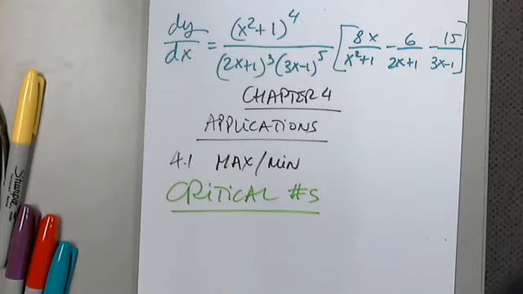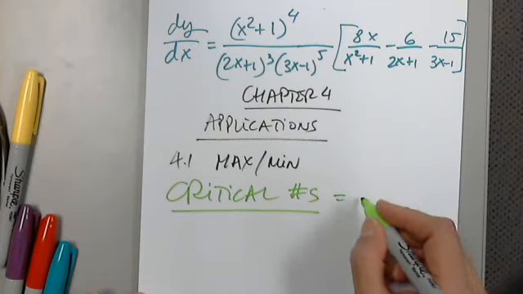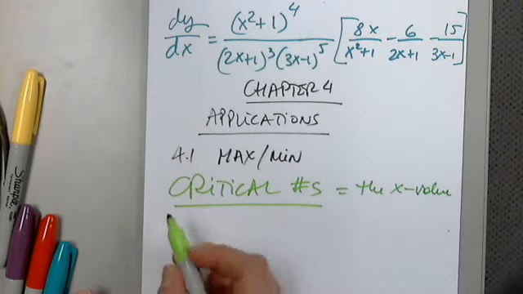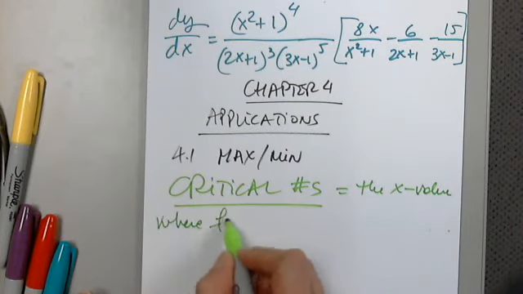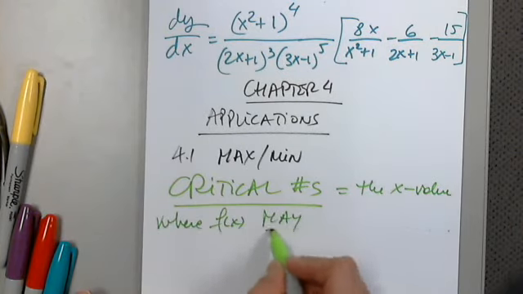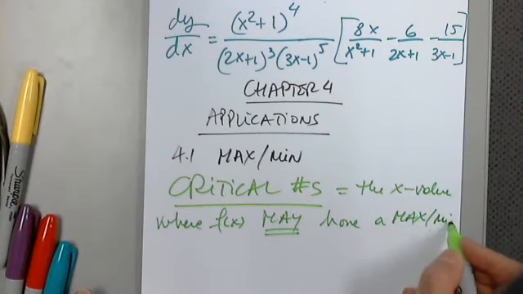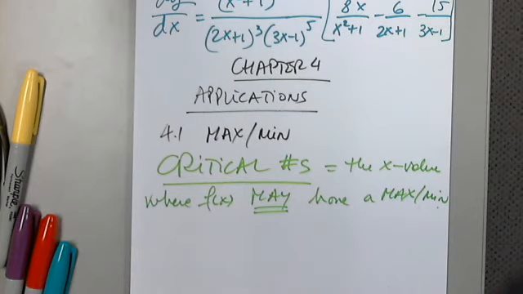First of all, a critical number is an x value at which the function may have, not guaranteed, may have a max or a min. So a critical number is the x value or x values where f of x may have a max or min. No guarantees till we do a lot of research behind it. May have.